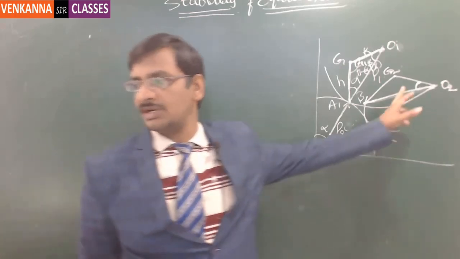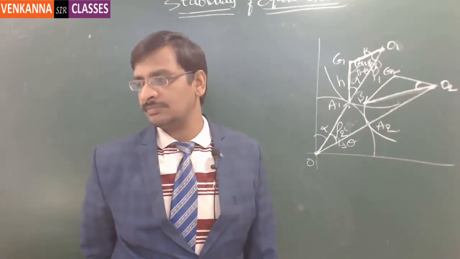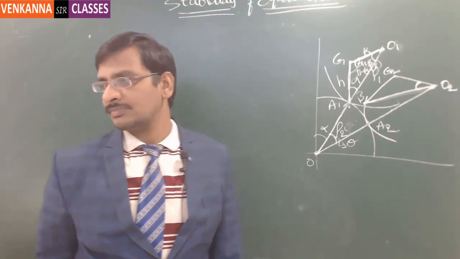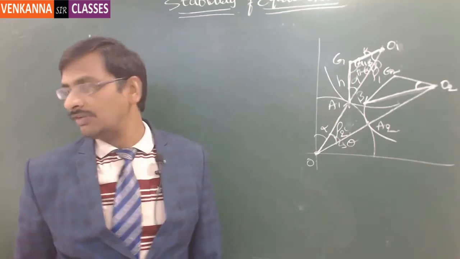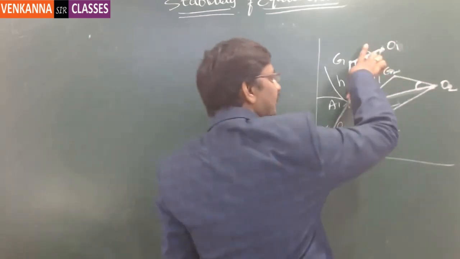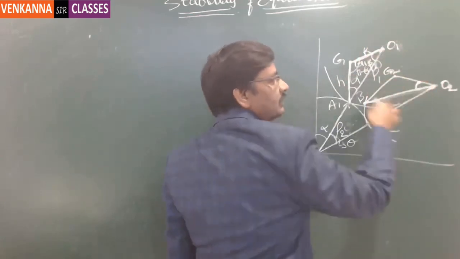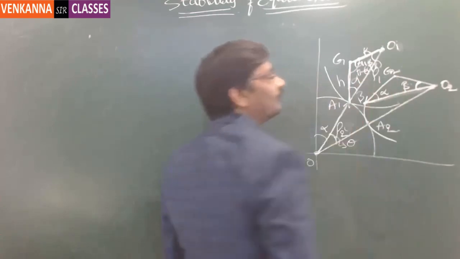Can somebody tell me what this angle is? Is it alpha or beta? It will be beta, because this triangle is trying to rotate like this. The same triangle is rotated like this. Then this angle is going to be beta again, and this angle is going to be alpha.